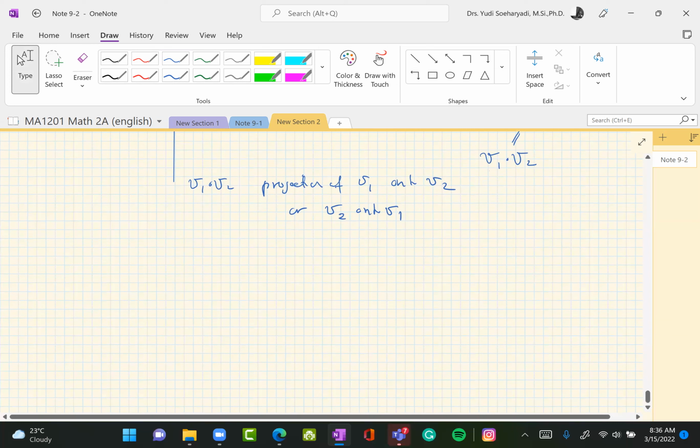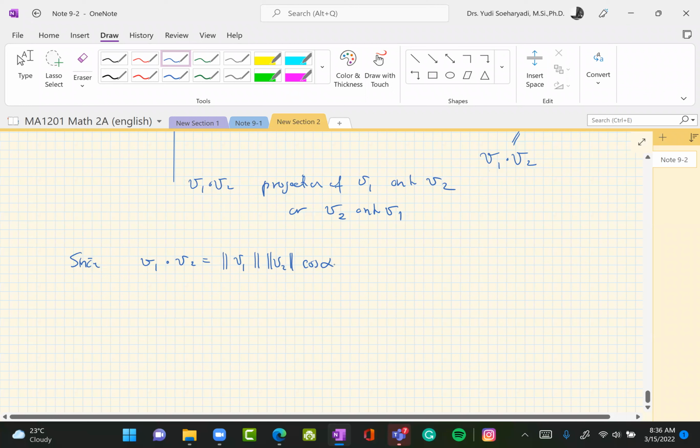And the nice thing about the dot product is that V1 dot V2 involves the cosine, right?